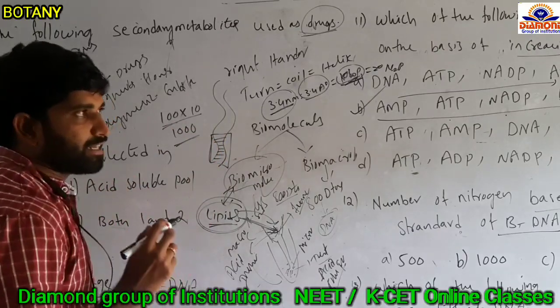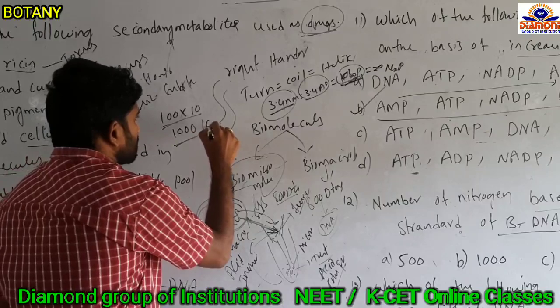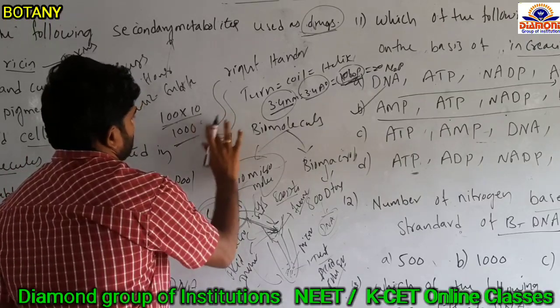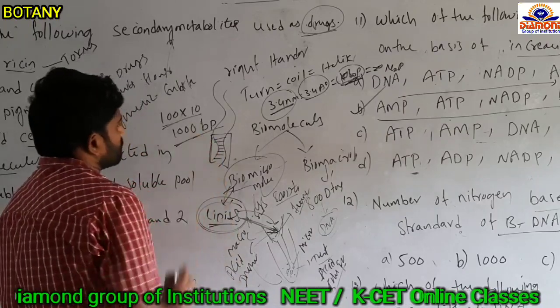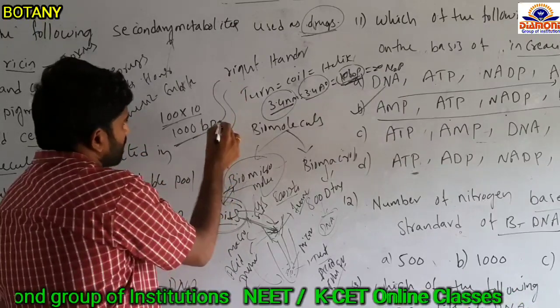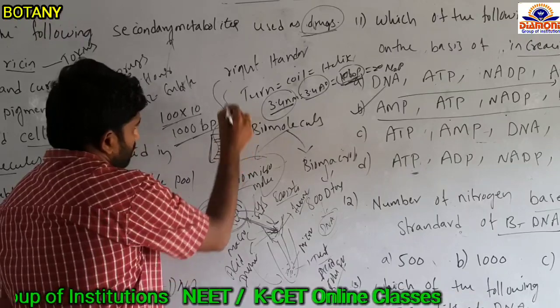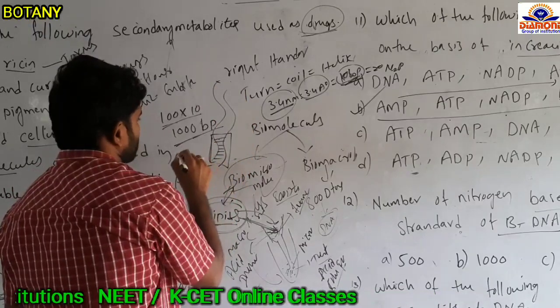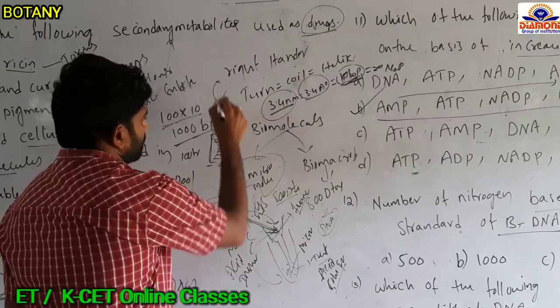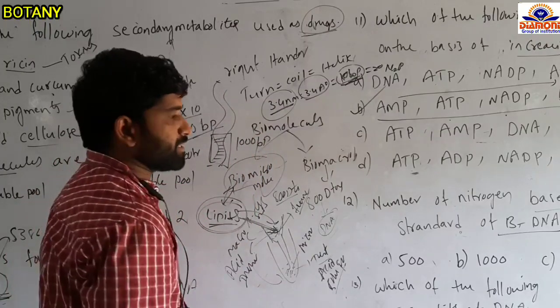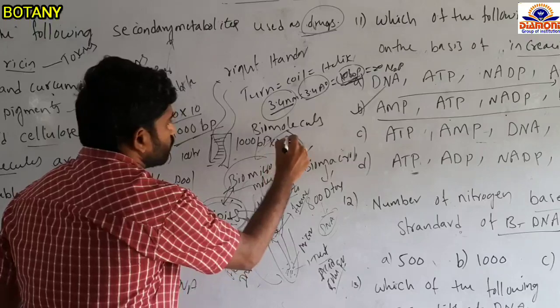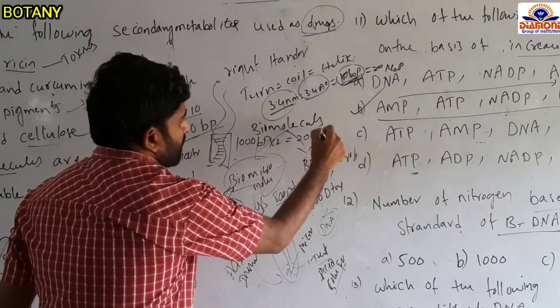So for the 100 turns, 1000 base pairs are present. 1000 base pairs means 2000 bases in total.